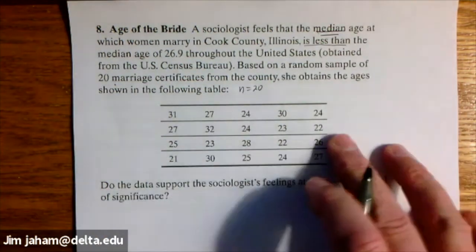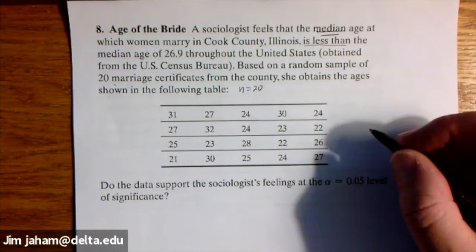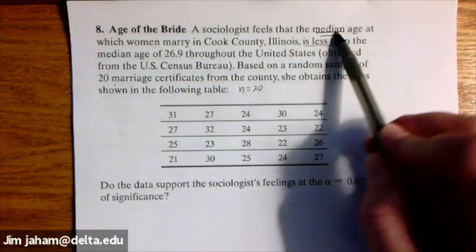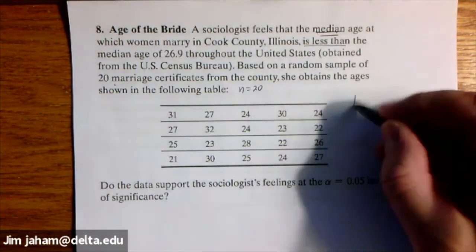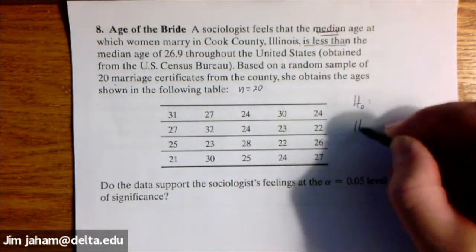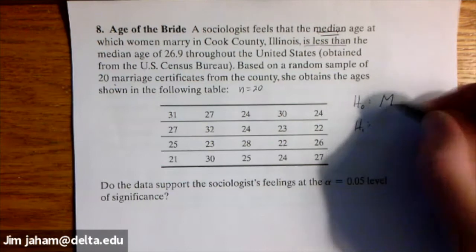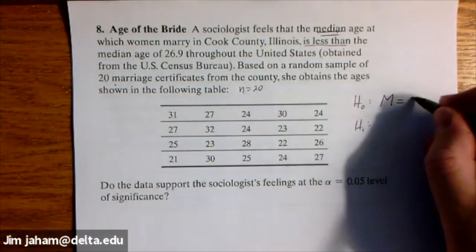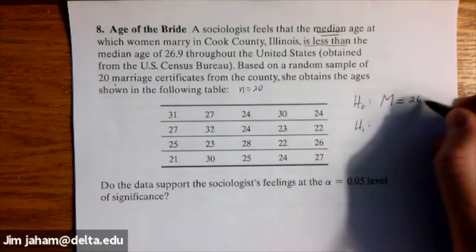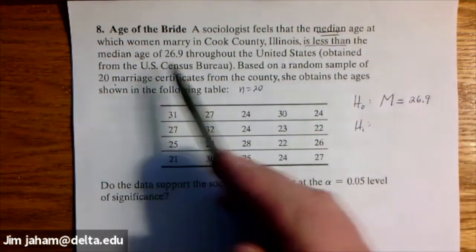And this is what we have. The sociologist feels that the median age is less than. All right, so we've got the null hypothesis and the alternative. We're going to be using capital M to represent the median. We'll define that. The median is equal to 26.9, which is the average.